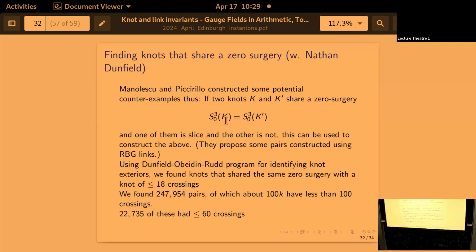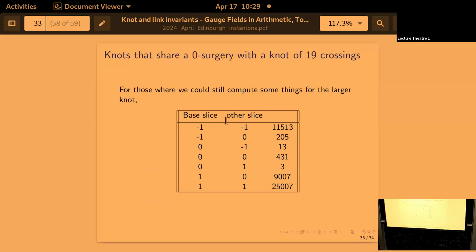You certainly cannot compute S sharp, that's not going to happen, but you can compute S. There are also some other gauge-theoretic versions of S that are a little bit easier to compute, called tau, and various other little invariants you can compute when you have less than or equal to 60 crossings. So for those pairs that shared a zero surgery, sorry, those numbers are old. This was now more than 20,000.